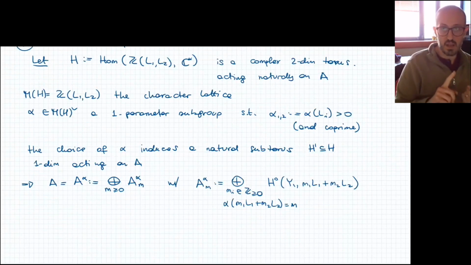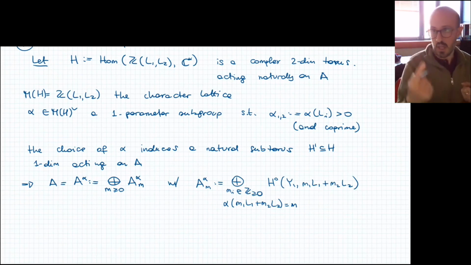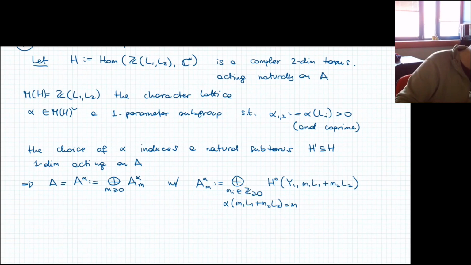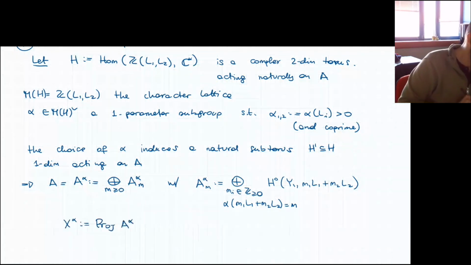So this algebra is finitely generated by assumption, and we can define X alpha to be the Proj of A alpha.